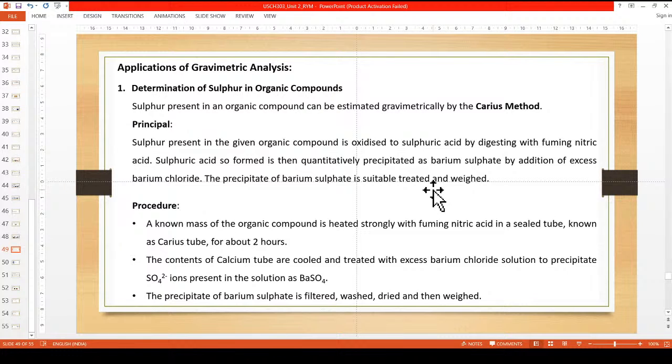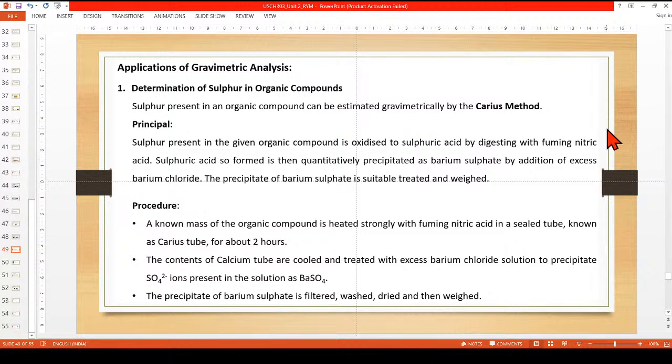So for this process, just remember sulfur is oxidized to sulfuric acid using nitric acid. Nitric acid is used in this process to oxidize. Nitric acid is your oxidizing agent to convert organic sulfur to sulfuric acid. और precipitating agent कौन यूज किया है?